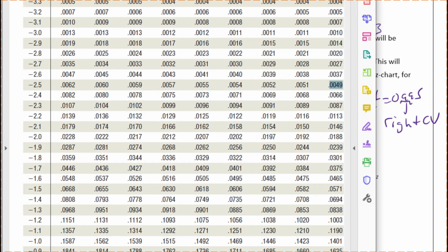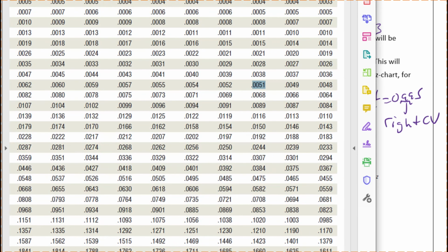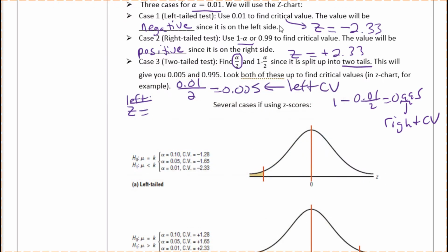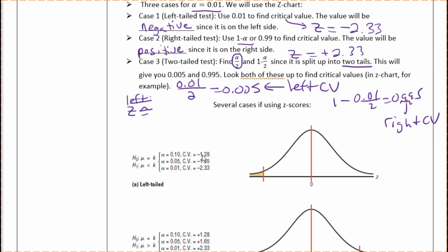You can choose one of these or do in between them, but let's just choose 0.0049, or let's choose 0.0051. The first one here is negative 2.57. So our critical value is around there, approximately negative 2.57.